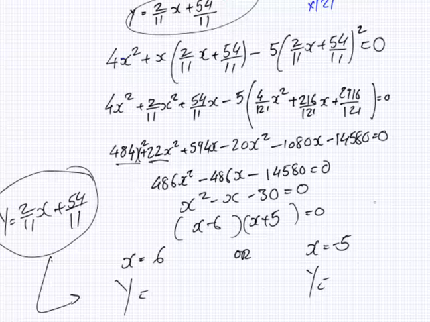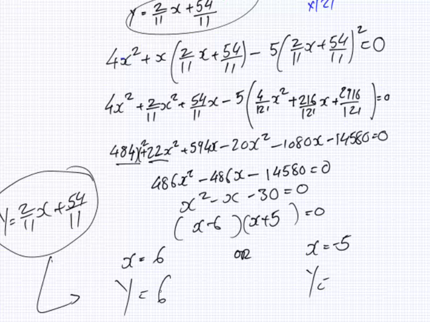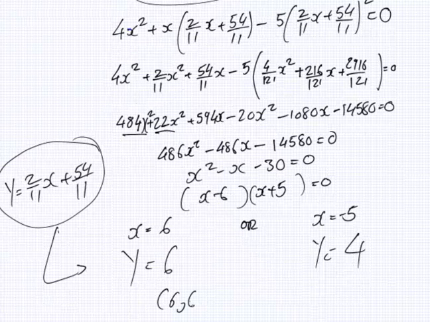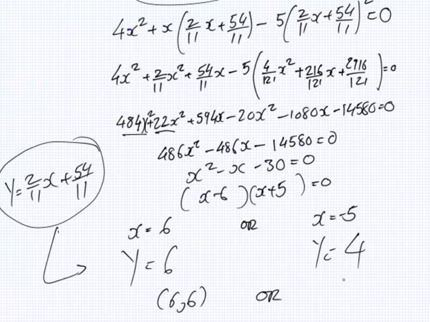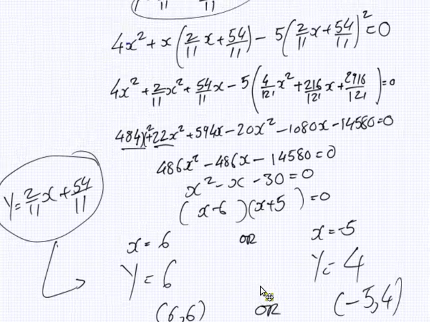Okay? So 121 multiplied by 4 is 484, isn't it? And then 2 over 11 multiplied by 121 is 22. Here, x squared. 54 over 11 multiplied by 121 is 594.